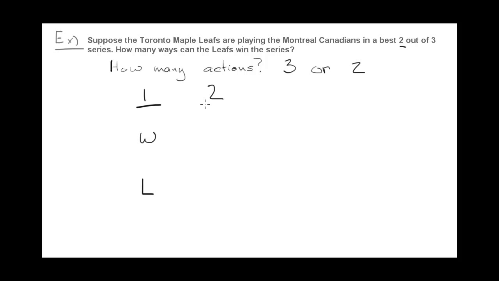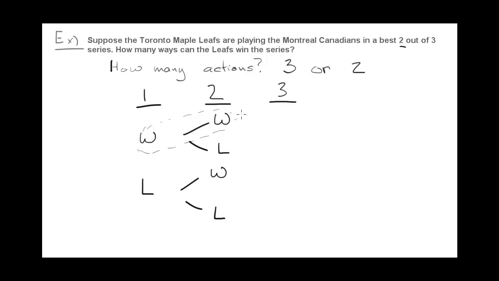So there's 2 possible outcomes, win or lose. The second game, they could win or they could lose. They could win or they could lose. So now the third action, here's where it's going to get a little different. Notice this branch right here, win-win. The series is over. Toronto won 2 in a row, so they wouldn't play a 3rd game.